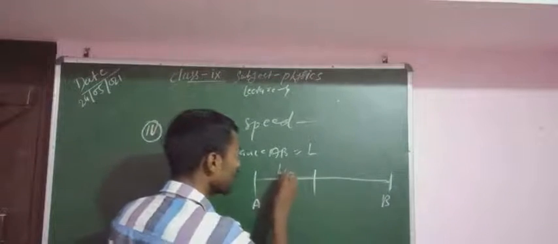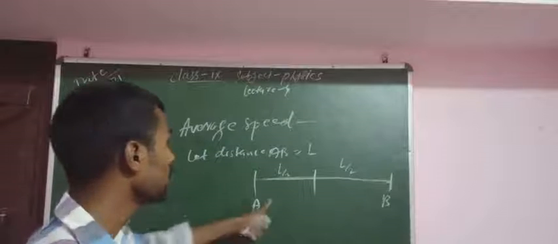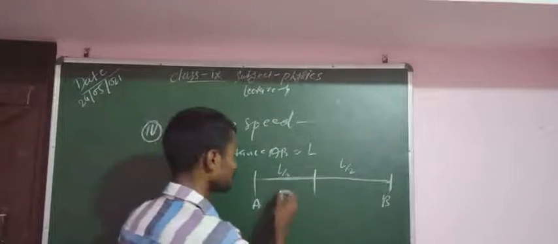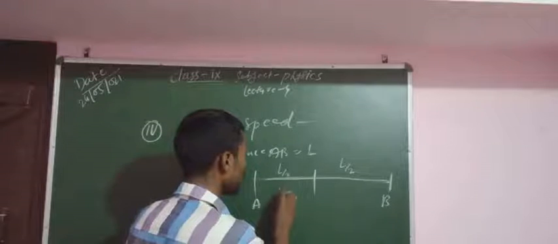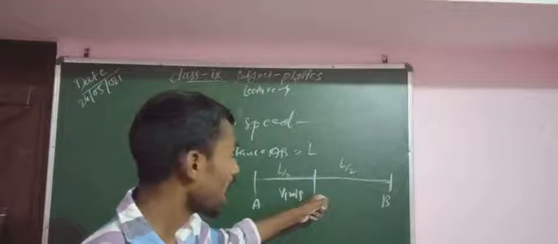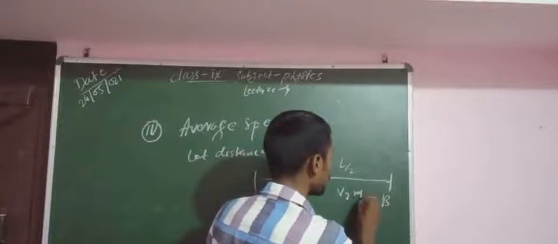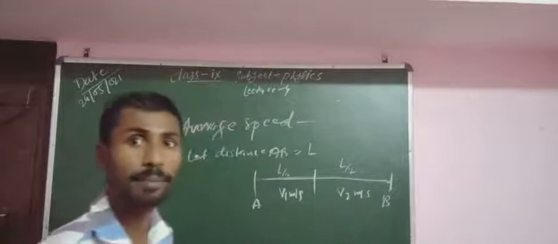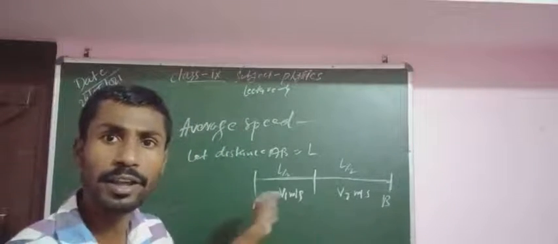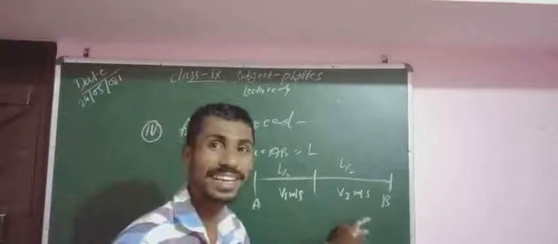That means L by 2 and L by 2. Suppose that an object covers L by 2 distance with a speed of v1 meter per second, and half of the distance is covered with a speed of v2 meter per second. After that we will find the average speed of the body for this particular distance.